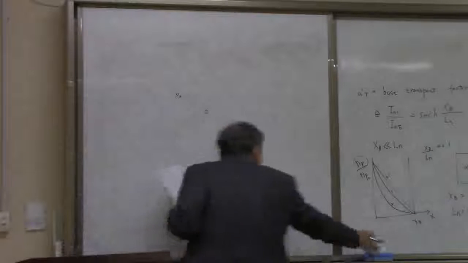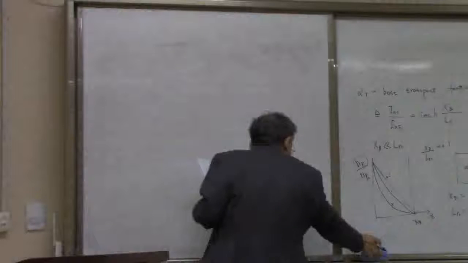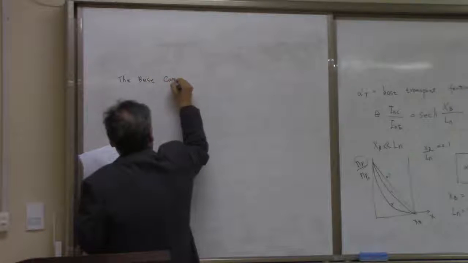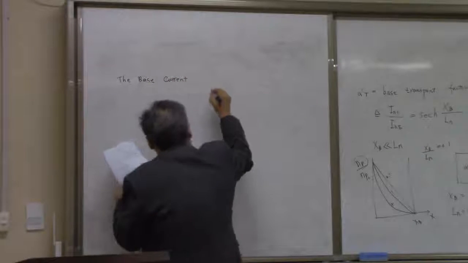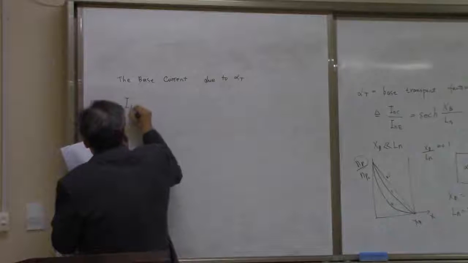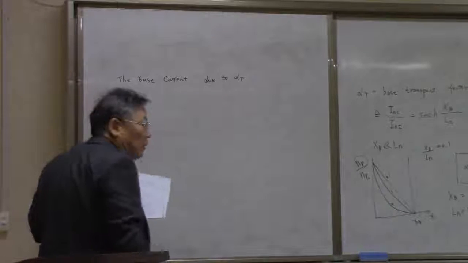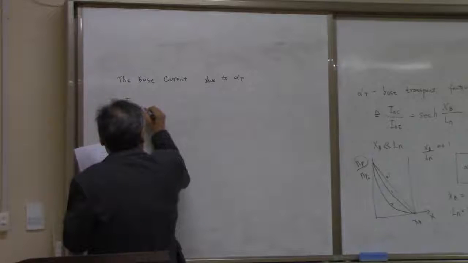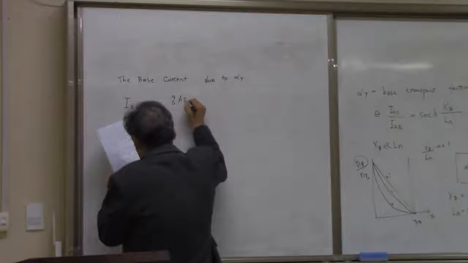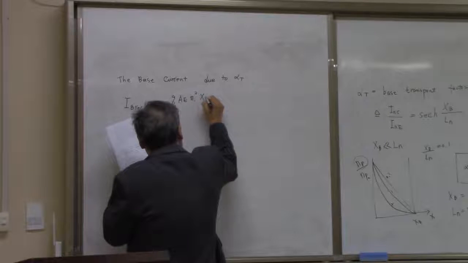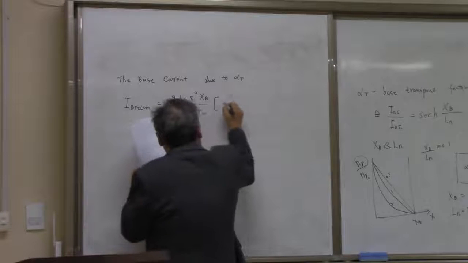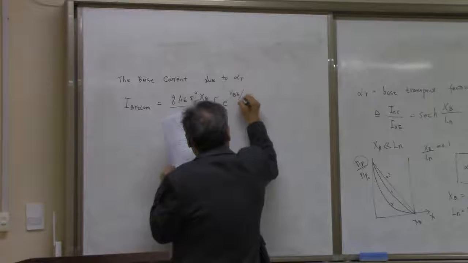The base current due to alpha t, that is recombination in the base, is q A ni square xb over 2 Na tau n, e to the VBE over VT minus 1.